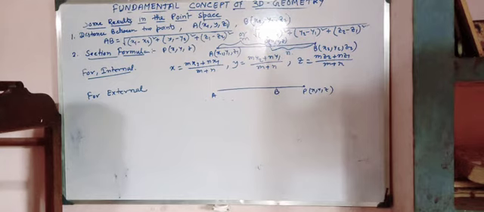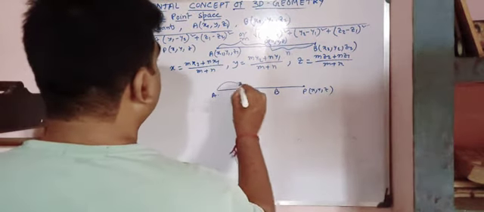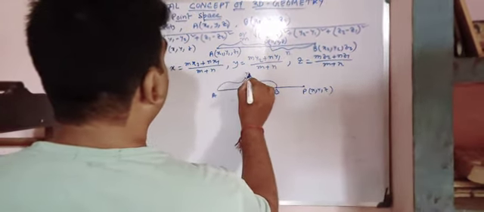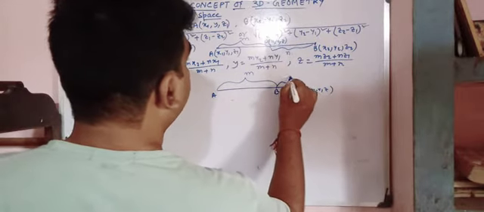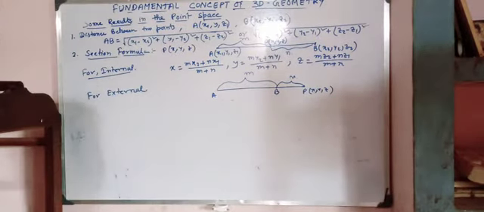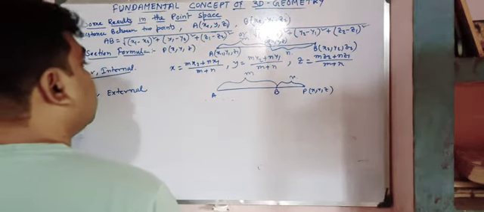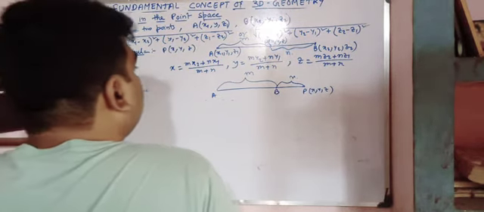Suppose this is my m and this is my n. So we can say that P divides this externally.